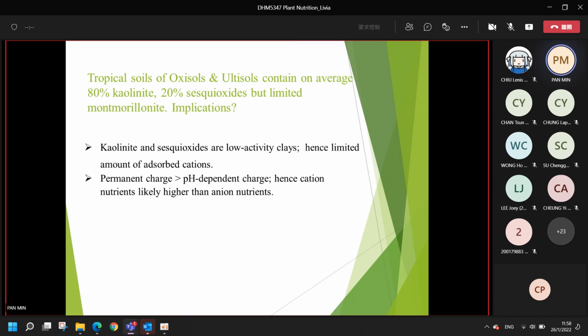The kaolinite and sulfuric oxides are low activity clays, as we know, with a 1-to-1 structure. So they have a limited amount of absorbed cation, which means this type of soil may be limited in soil fertility, maybe not good for plantation.